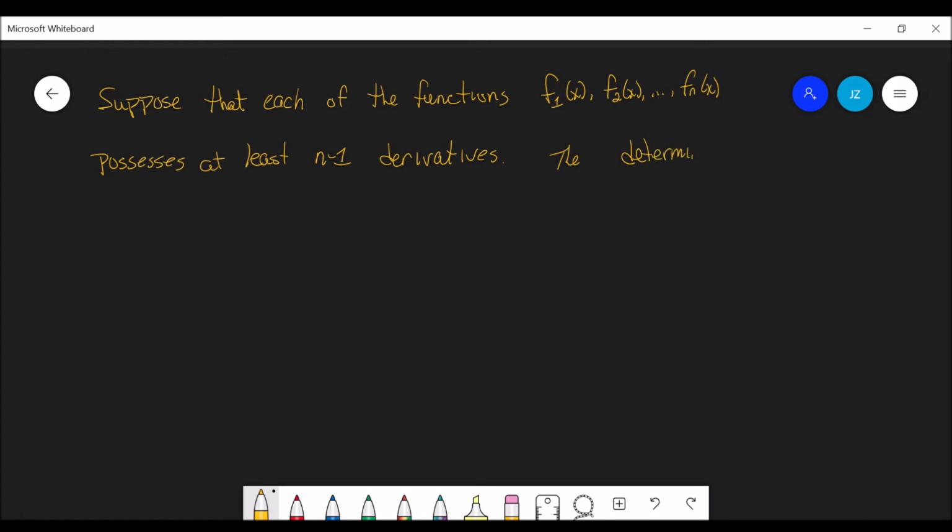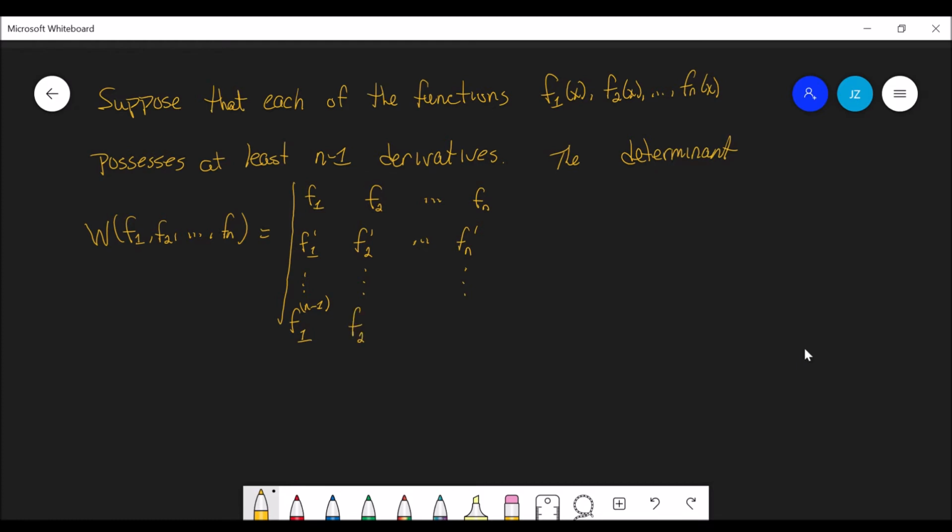The determinant given by w of f1, f2 through fn, which is the determinant of the n by n matrix with rows f1, f2, fn; f1 prime, f2 prime, fn prime; down to the n minus 1 derivative of f1, the n minus 1 derivative of f2, and the n minus 1 derivative of fn.